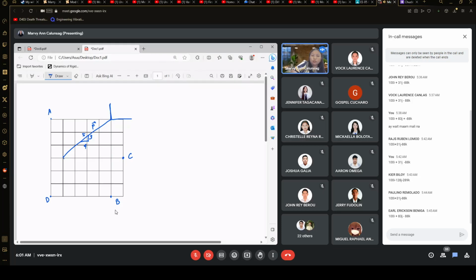So this F can be resolved into its components: this is Fy, and this is your Fx. And then we have another force P, from here up to this point.